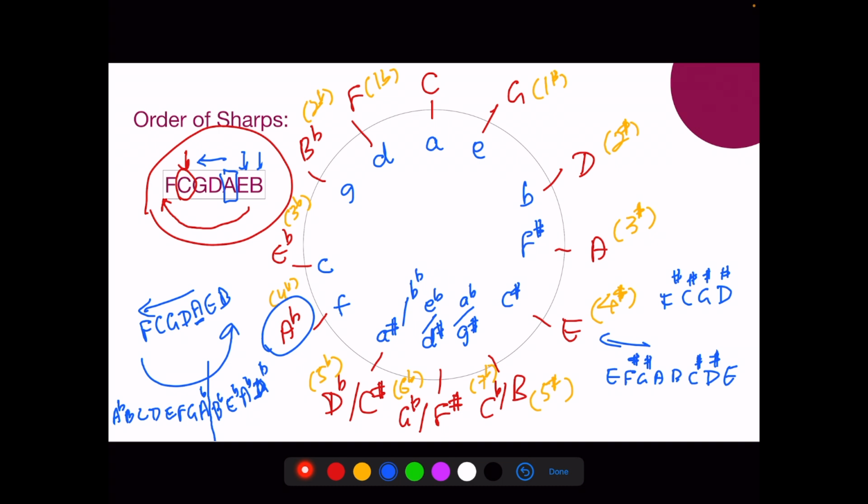And then you know that B, E, A, D, those are the notes that get the flat. So B, E, A flat, already flattened, D. And if you go to the piano, A flat, B flat, C, D flat, E flat, F, G, A flat. Okay, so this is how useful the circle of fifth can be, and also knowing the order of sharps.